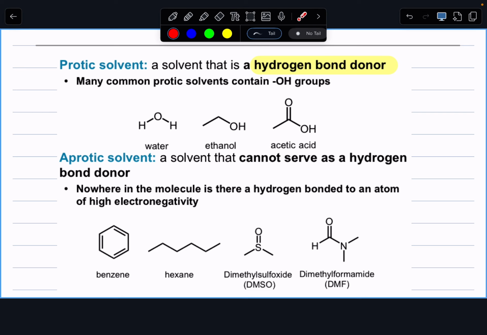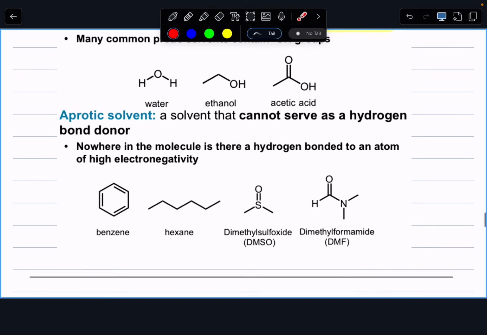Note that an aprotic solvent can also be a polar solvent. For example, when we're looking at DMSO and also DMF, you can write the internal dipole moment. For DMSO, you know that sulfur is less electronegative than oxygen, so we have an overall dipole.